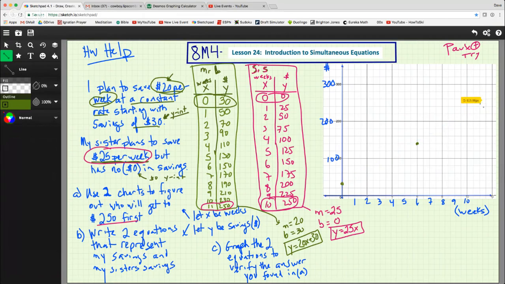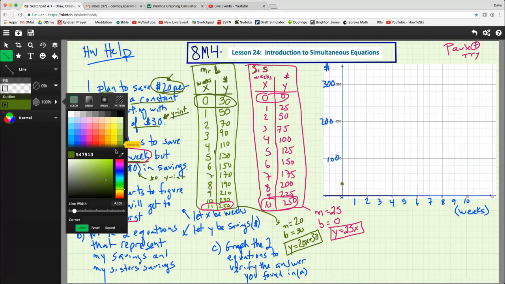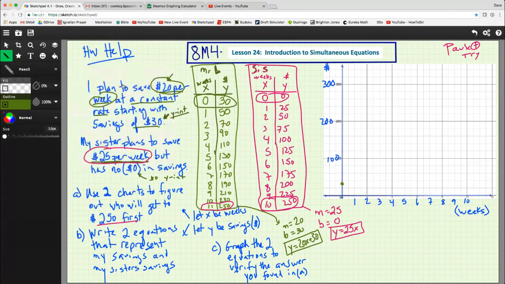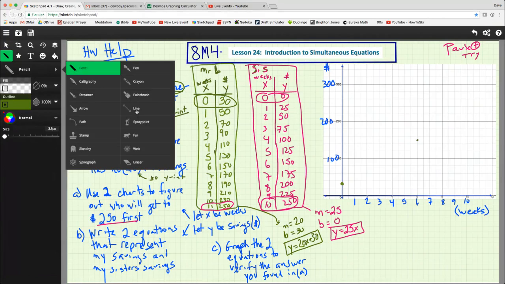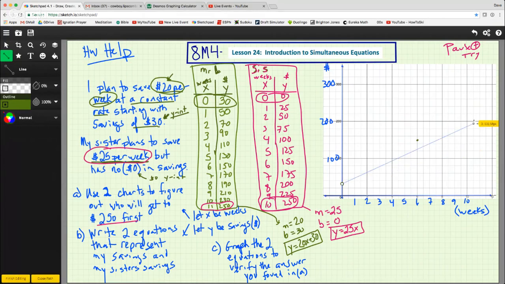Oh, you know what I did wrong? I graphed this point wrong. Six was 150. Let's see, did I get that right?